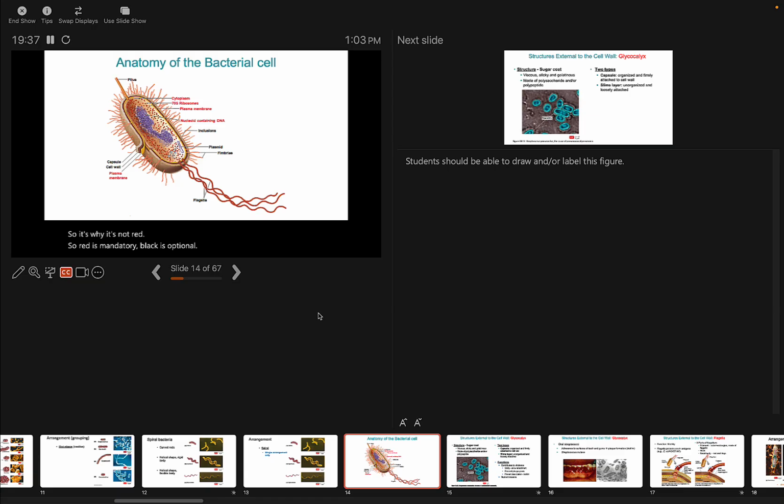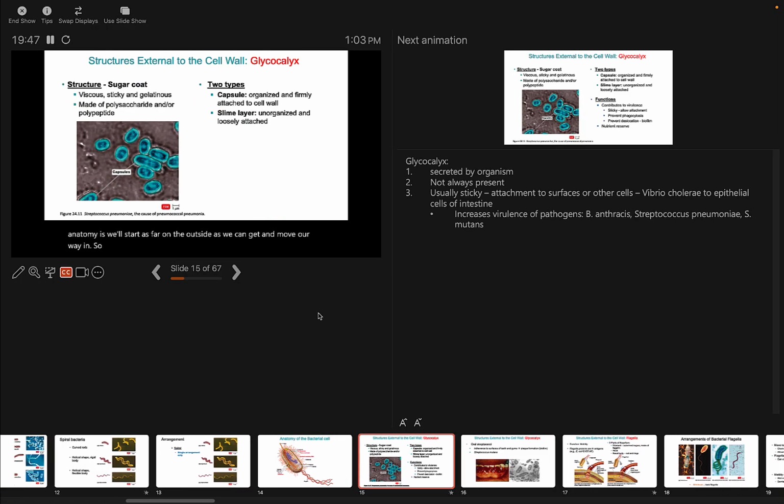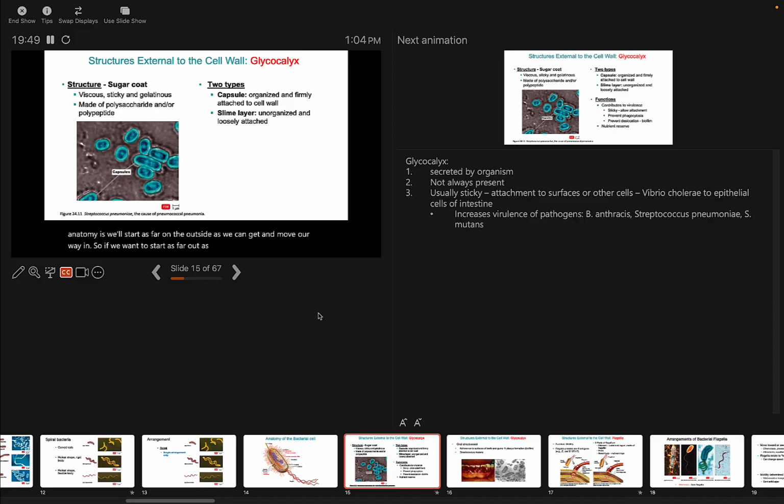And so the way that we'll start talking about prokaryotic cells and their anatomy is we'll start as far on the outside as we can get and move our way in. So if we want to start as far out as we can get, we talk about structures that are technically outside of the cell wall, or if we're talking about gram negatives, which we'll get to in a little bit, things outside of the outer membrane, outside of the cell.